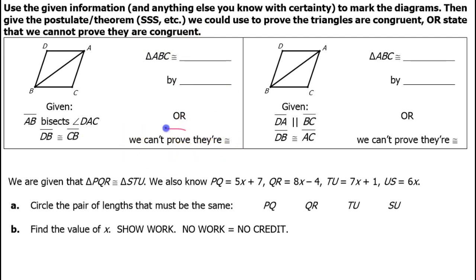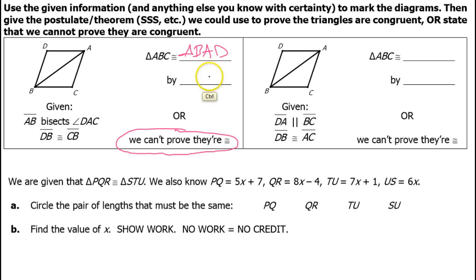On the last quiz I gave, I had some people circle this, saying that it can't be proven, but then they would go ahead and say triangle ABC is congruent to triangle BAD or whatever.